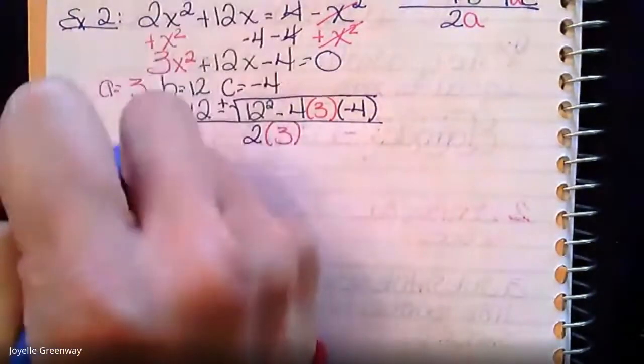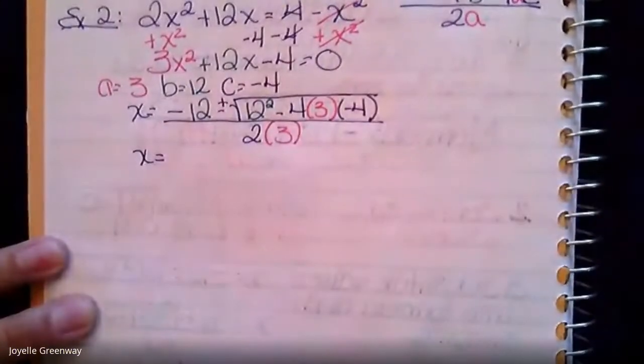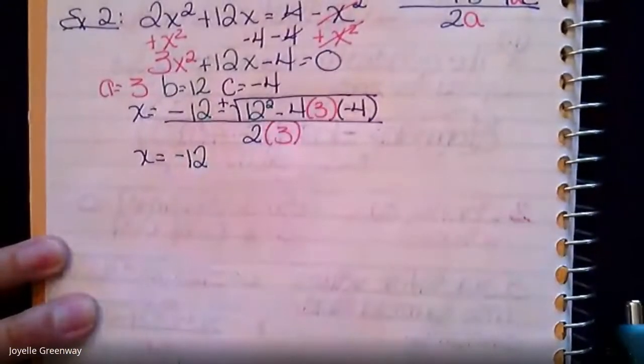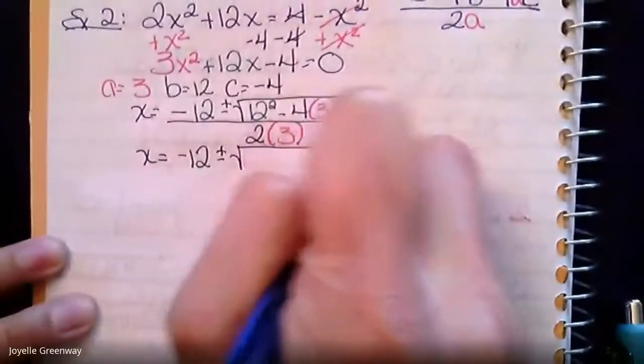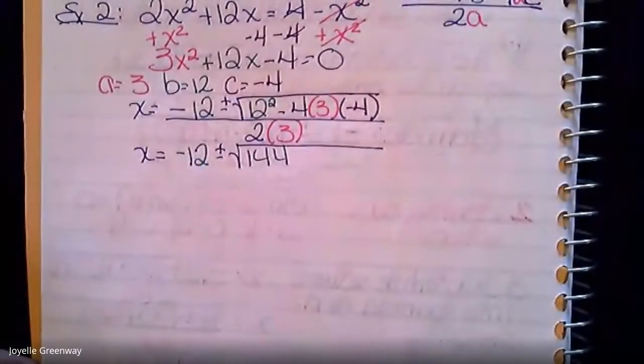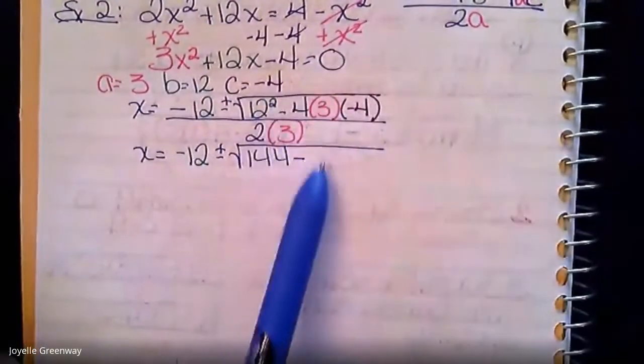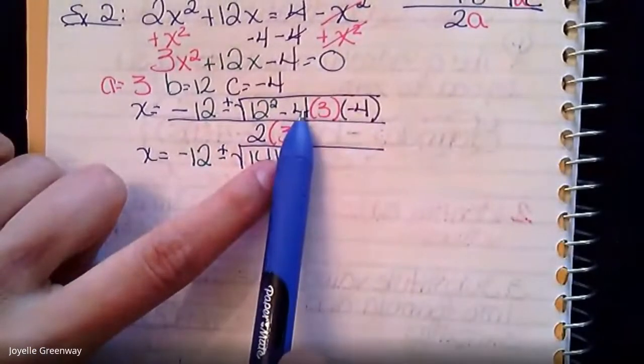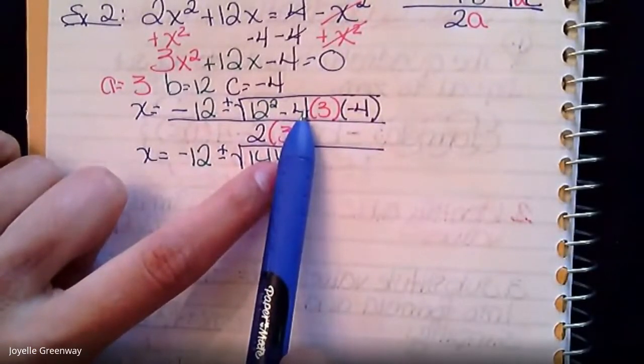So I have x is equal to, so I can just leave that negative 12, plus or minus the square root. So 12 squared is 144, minus. So if you write down minus, you need to treat this 4 as if it's positive.